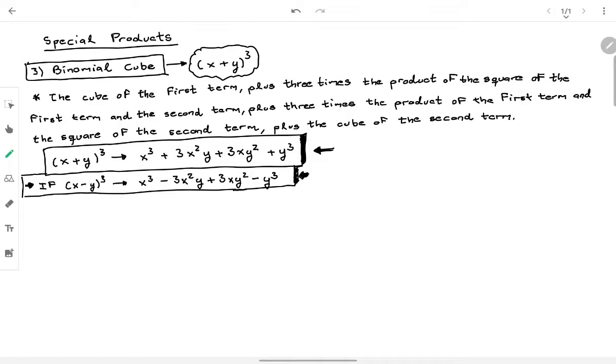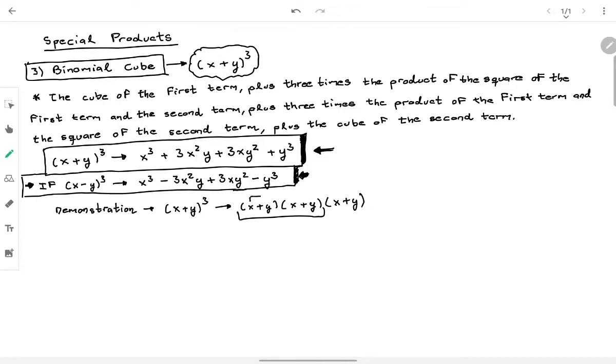So first, we will demonstrate this formula. Remember, if we get something to the third power, that will mean we have it 3 times. So if we got x plus y to the third power, it's like having x plus y multiplied by x plus y multiplied by x plus y. So in this case, first we need to multiply the first two parentheses.